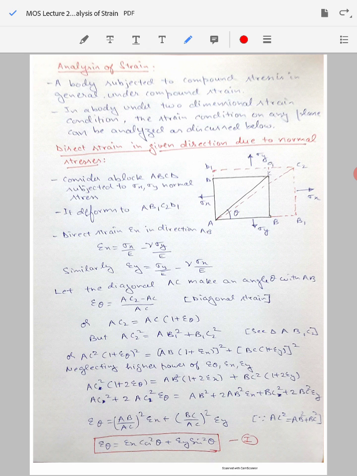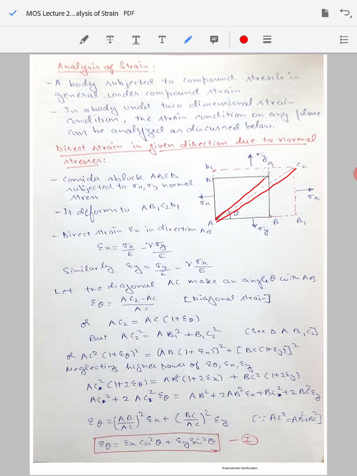Now the diagonal AC, which is at an angle theta with AB, we can determine the strain in the diagonal AC. The original length of the diagonal was AC, which is shown here. After deformation it gets converted to AC2. It has increased in its length.